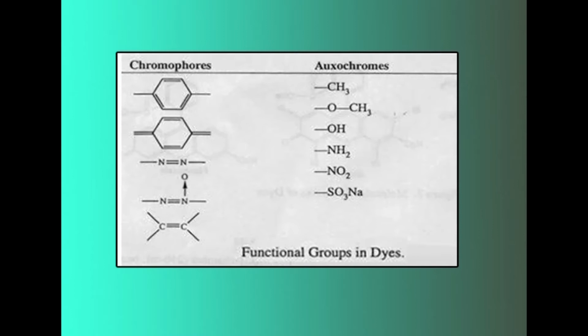A dye molecule without oxochromes would lack intensity of color, because the incident light waves would not be absorbed or reflected in a uniform way, and the sensation of the color would not be as good as in a dye molecule with oxochromes. So oxochromes are compulsory in a dye molecule.